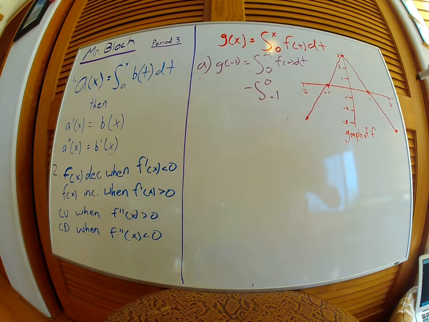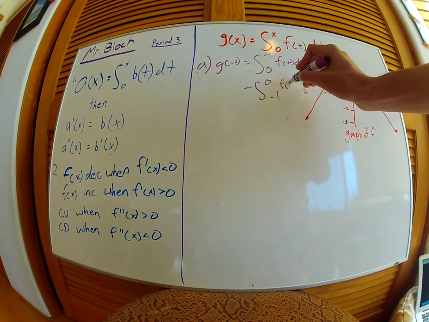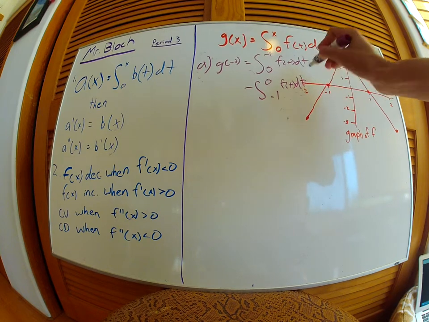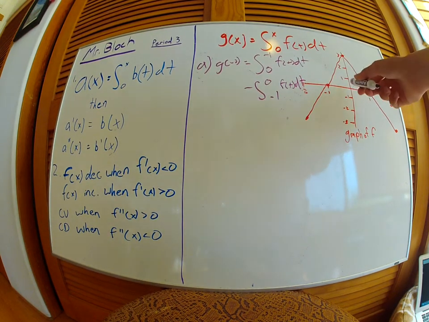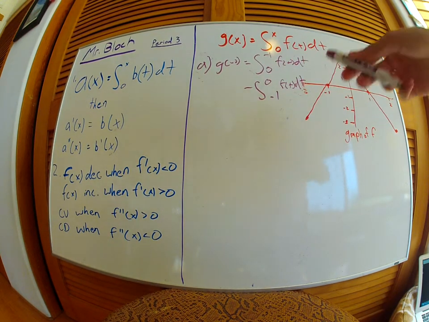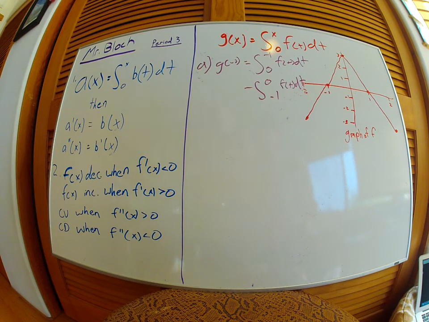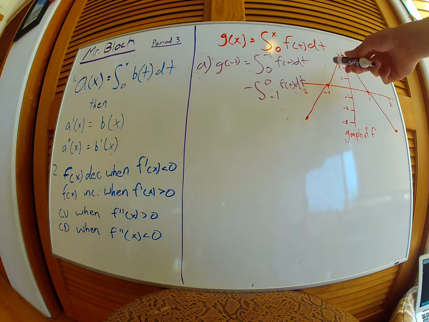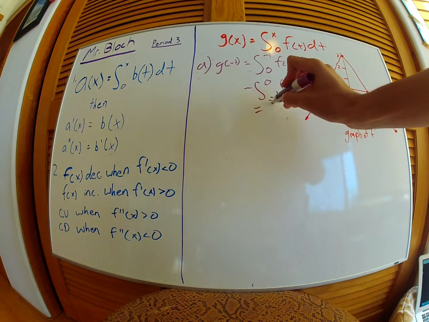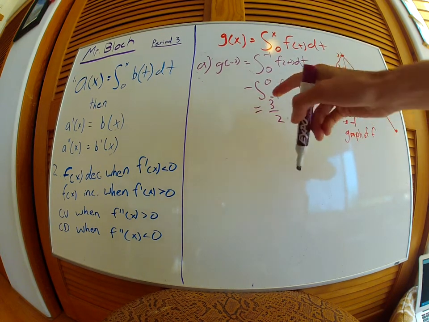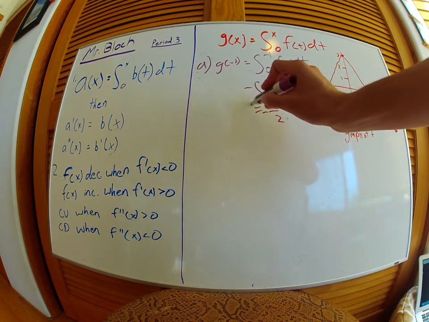If you don't, you'll get the wrong answer. If you're moving from right to left, it's going to be negative. So, you do the height times the base divided by 2 because it's a triangle, and you'll get 3 halves. But since there's a negative there, it would be negative 3 halves.